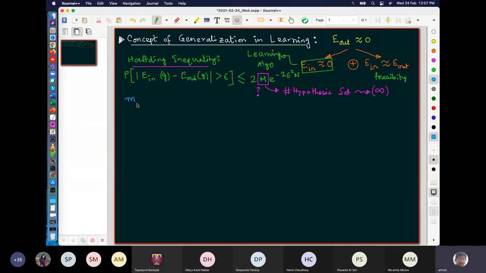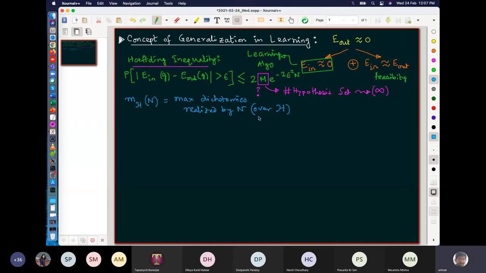Last week, we started off with that: with respect to a given hypothesis set, the growth function is a function where I give you N, and you are supposed to place the N points in such an order that it gives the maximum number of dichotomies realized by N points over our hypothesis set, that is H.